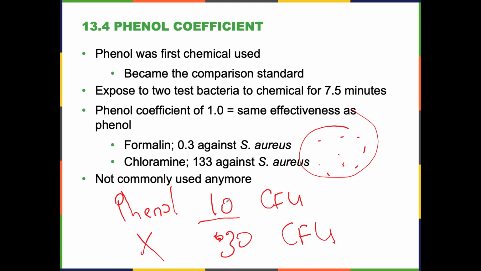So you should be able to see, hopefully, that X is worse than phenol because we still have more bacteria left, right? But then we can turn this numerically and simply just 10 divided by 30, and that'll equal 0.33, whatever you want, 33 phenol coefficient, right? So it's relatively straightforward, and it's always compared to phenol.